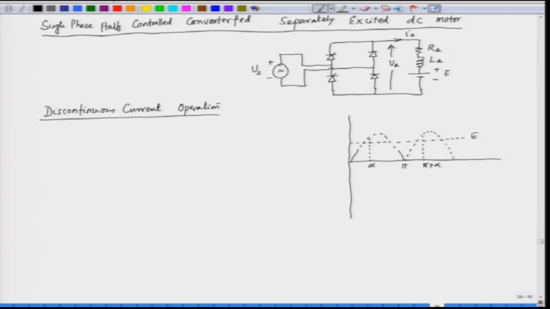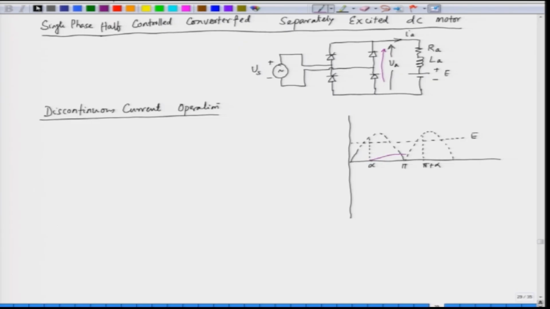Now, if we trigger at an angle alpha, the current starts from 0, and at pi, when the voltage will try to become negative, the diodes will be forward biased. So, in this case we have a freewheeling path through these two diodes. So, the voltage will not become negative.